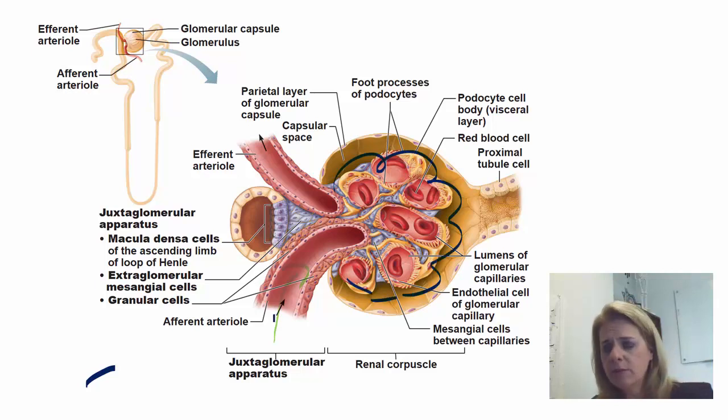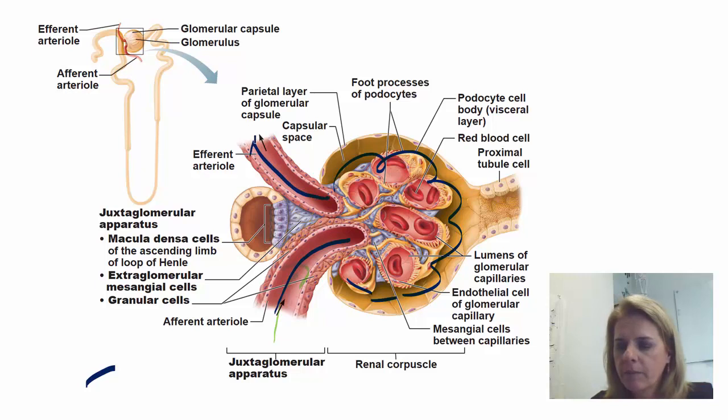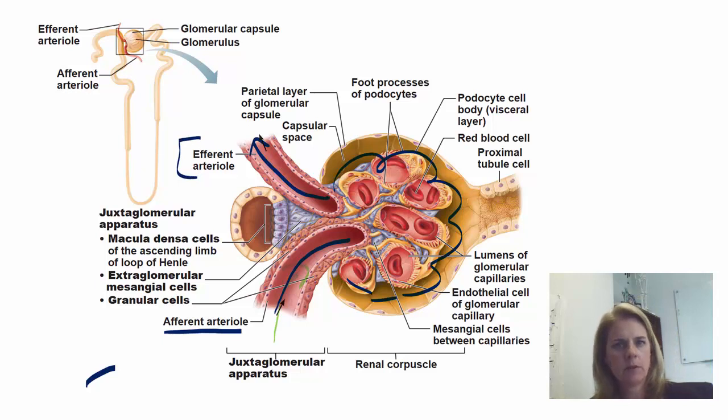And so blood flows in through the arteriole and then forms this capillary bed, and then it flows back out, okay? So blood flows into the capillary bed and it flows out, just like you're used to. Blood's got to flow in one direction. Well, blood enters via the afferent arteriole, and it exits through the efferent arteriole. So afferent takes the blood to the glomerulus, efferent takes it away.